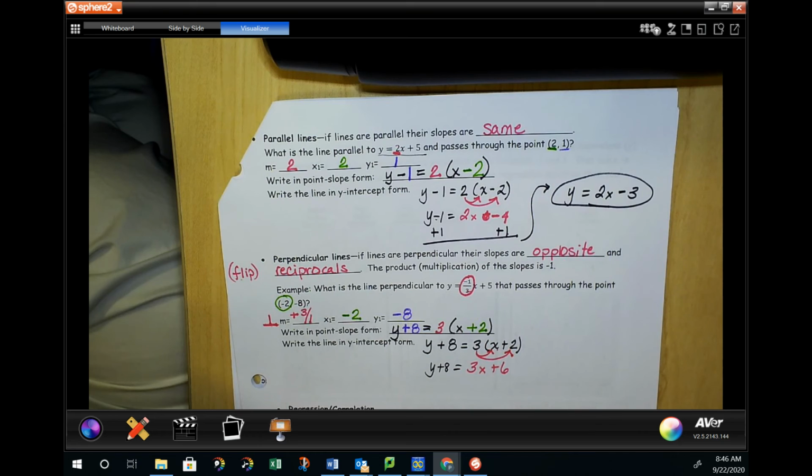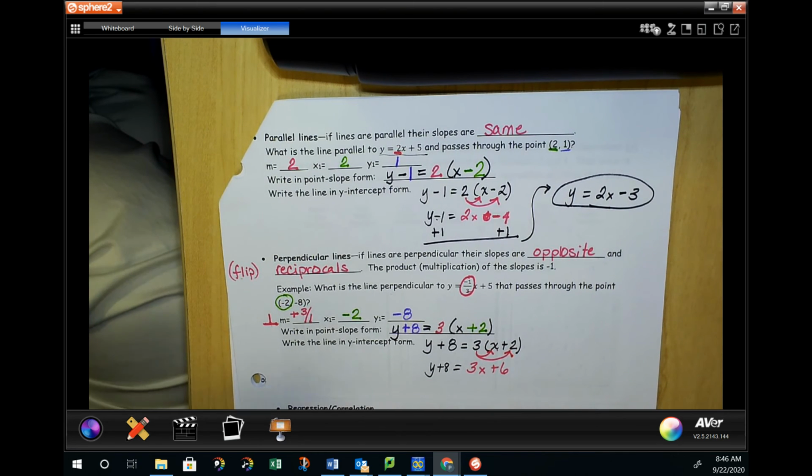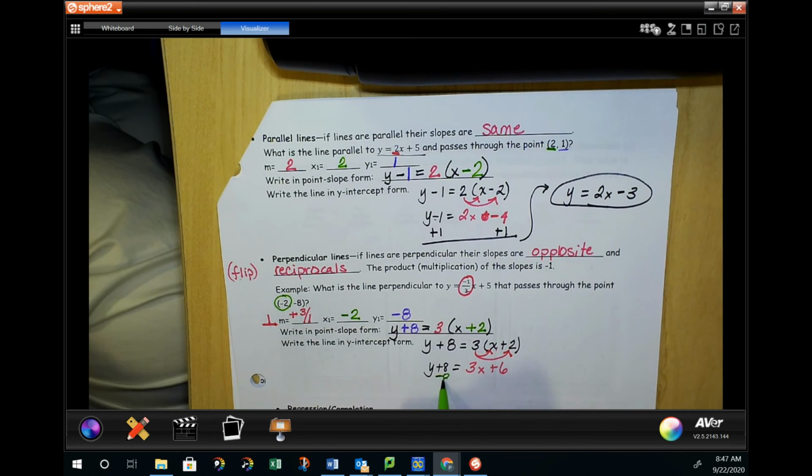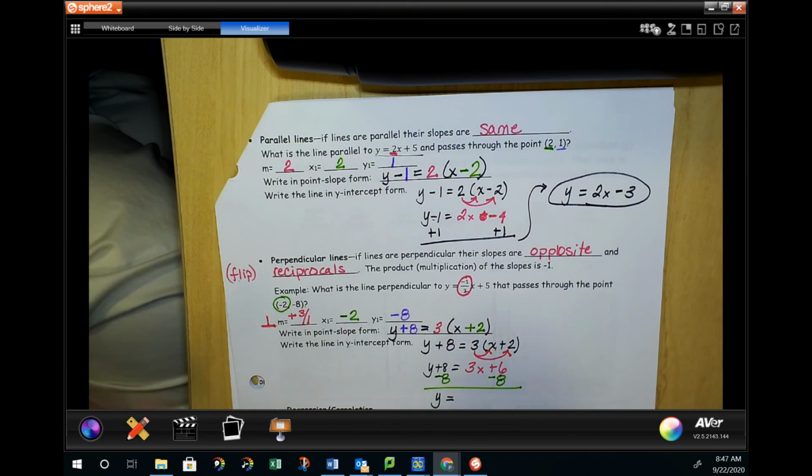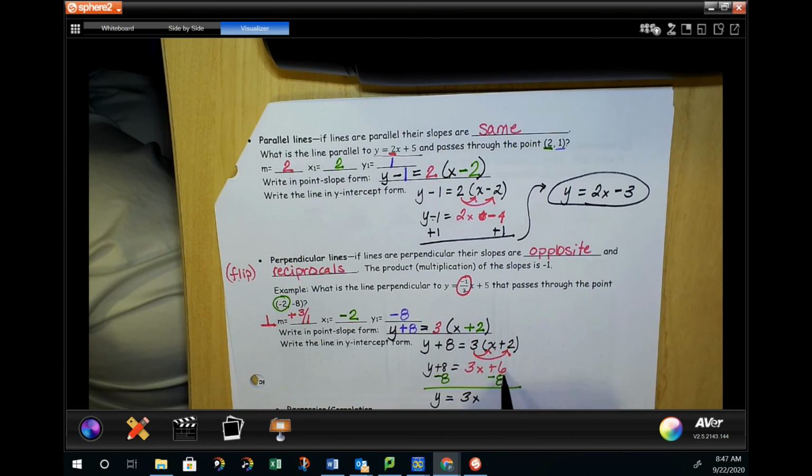Now you have to do the opposite of adding 8, because I'm going to solve for y. It means I'm going to subtract 8, because I have to undo addition. So this cancels out, and now we are left with y is equal to 3x, and then 6 minus 8 is negative 2.